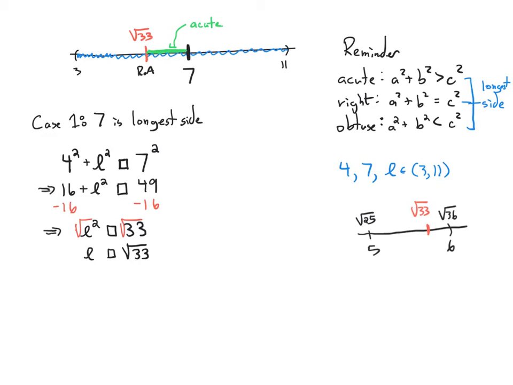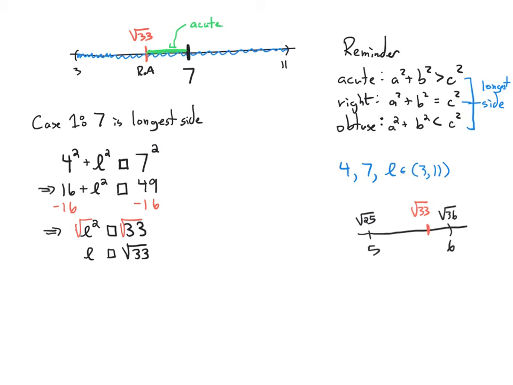Okay? And if we had a less than all the way down here, then we'd be testing the obtuse Pythagorean inequality. And so if L is less than square root 33, then we have an obtuse triangle. Again, let me just erase this.